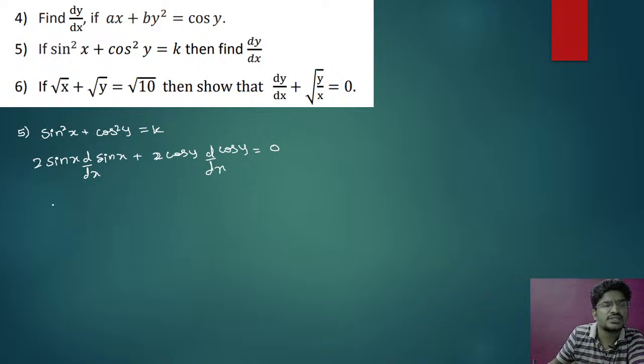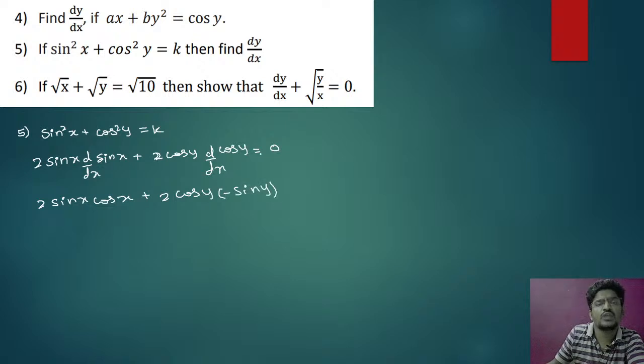Here, 2 sin x, the differentiation of sin x is cos x, plus 2 cos y, and the differentiation of cos y is minus sin y. One more variable you have is y, so that you also have to write as dy by dx. That is equal to 0.